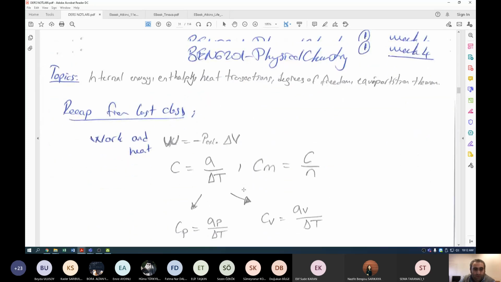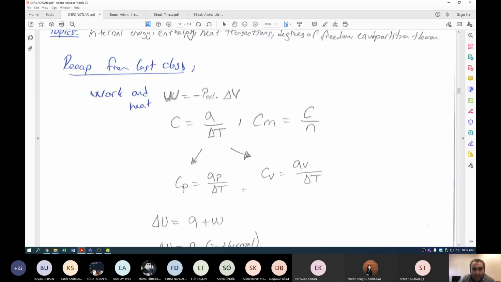Okay, let's revise this again. Work is minus P external times delta V. When it's reversible, P external is the same as P system, and for a perfect gas we can easily replace P with RT over V and then delta V. This is one extension, but this is the very general formula.